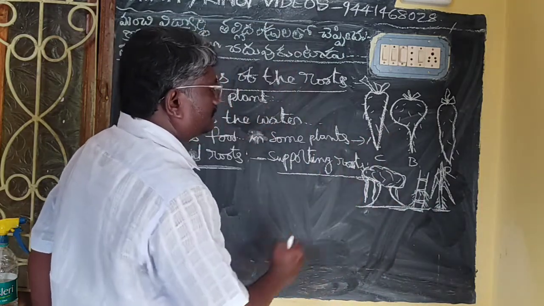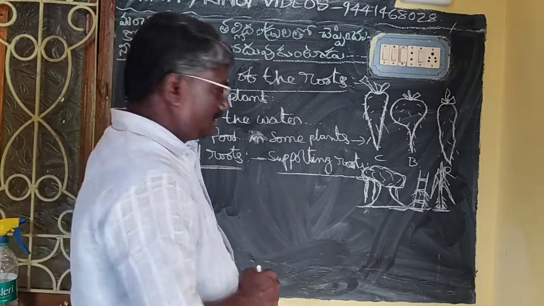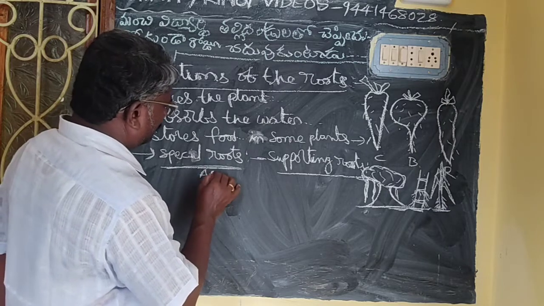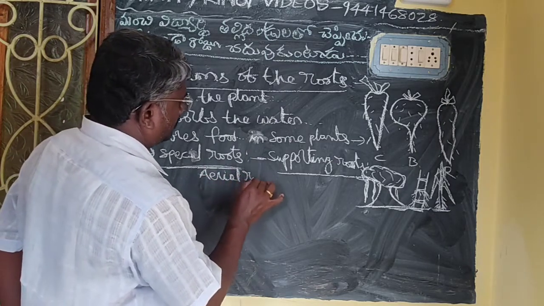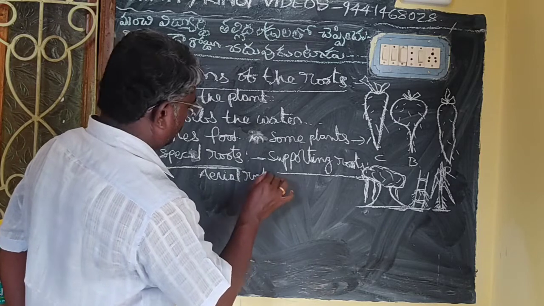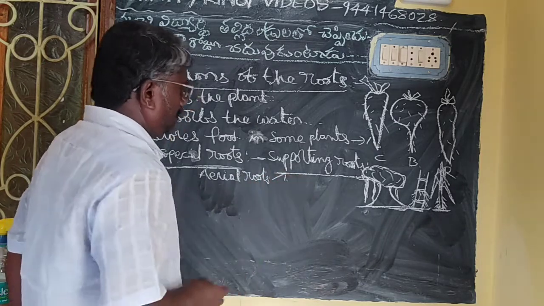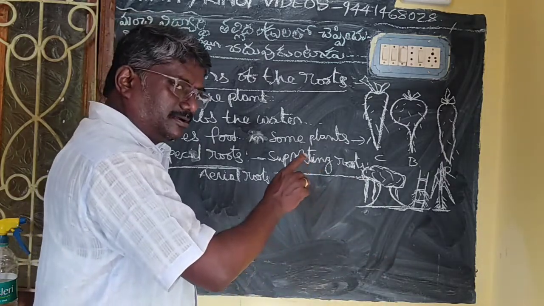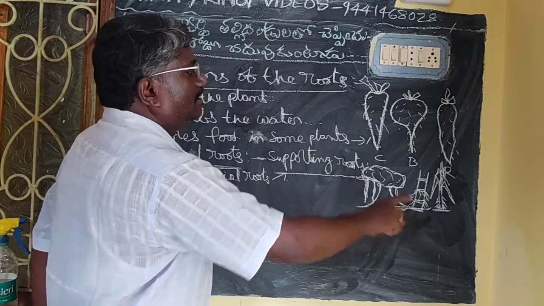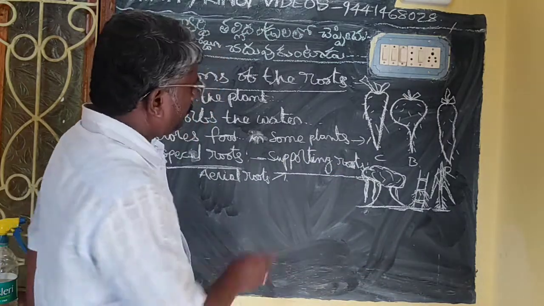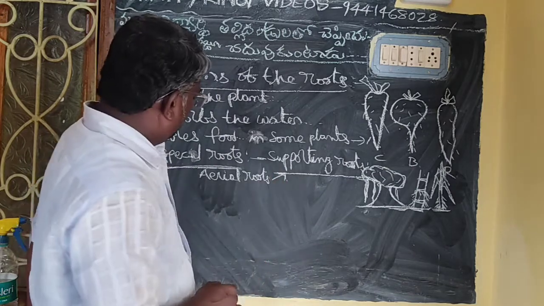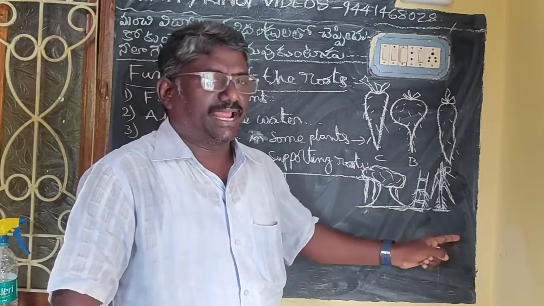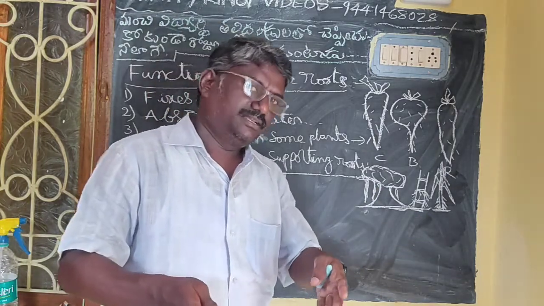These are modified roots, aerial roots, and also we call these special roots aerial roots. So the supporting roots support the plant to fix in the soil.